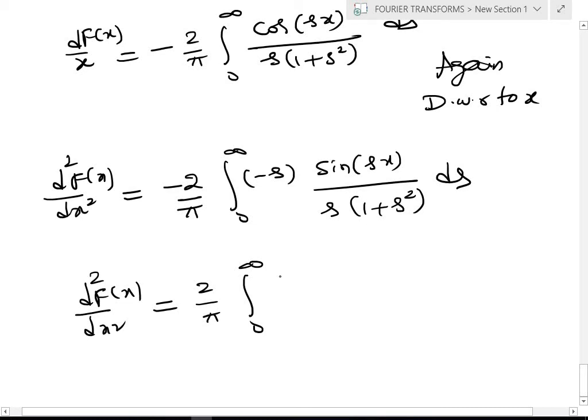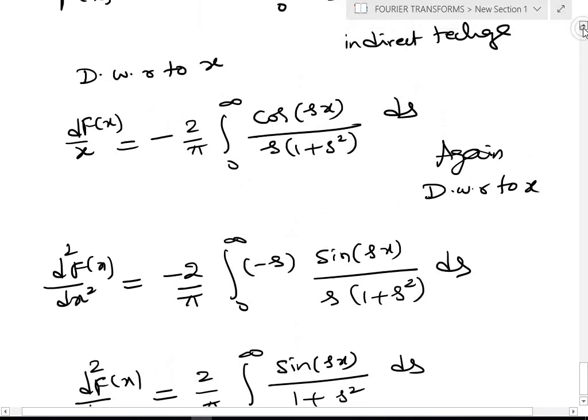So s and s cancel, then I have sin of sx divided by 1 plus s square into ds. So now see here, what is this function?